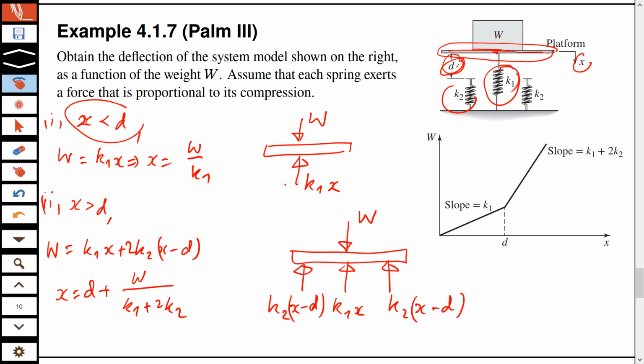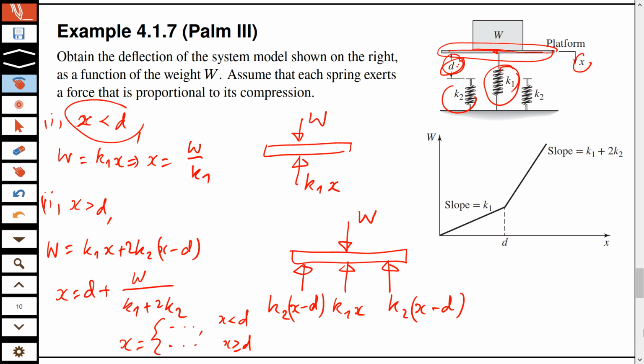And then you can combine these two expressions, just like you do in signals and systems. You have one expression when x is less than d, and you have another expression when x is greater than d. और आप इन दोनों में से किसी एक में इक्वल कर सकते हैं. ठीक है.